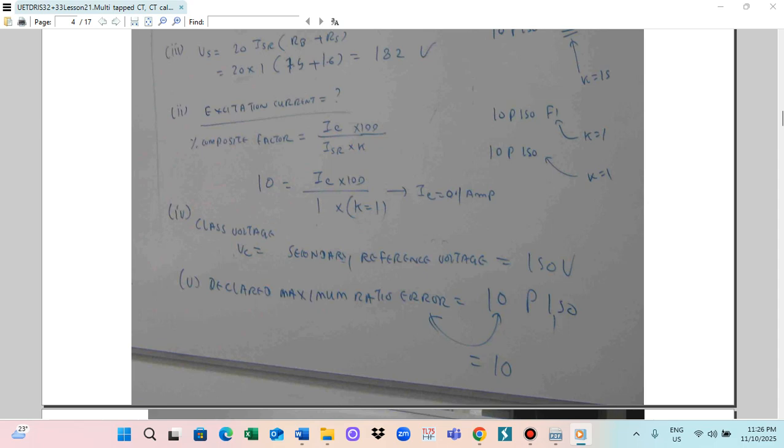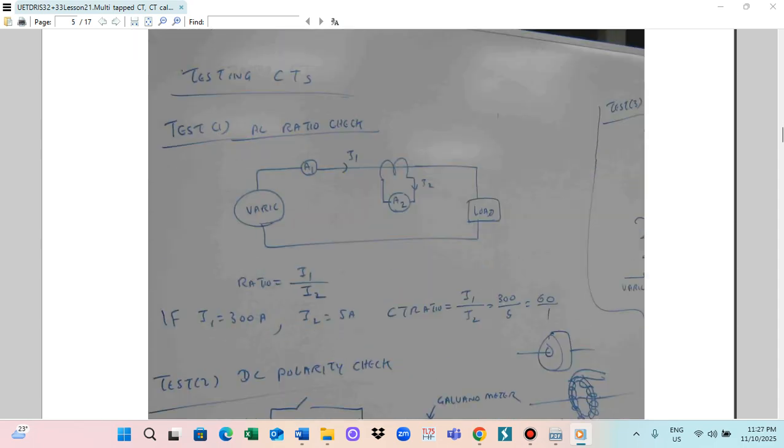The next topic is how we test the current transformer. We inject the primary current and then we measure the secondary current. Then we find the primary current and secondary current ratio. Here is the CT with primary and the load.